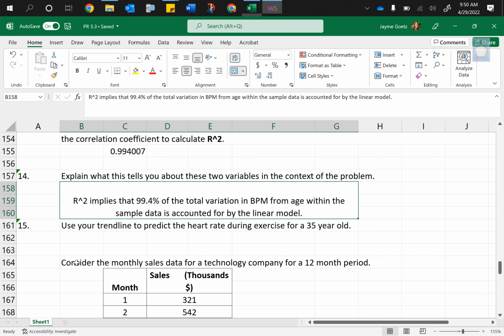That is really, really good. That's saying this is a very, very good, strong model. Most of the variation is accounted for.